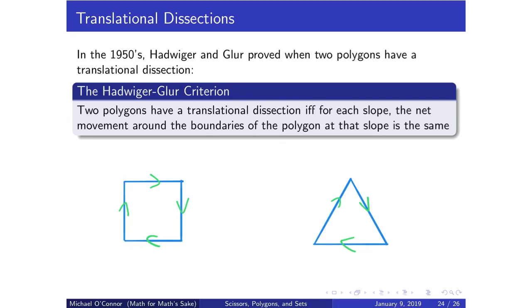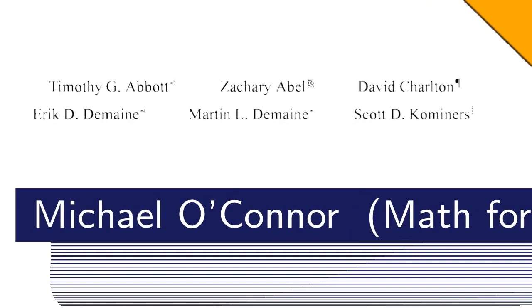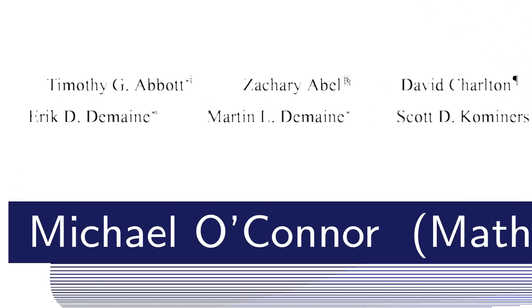And then the final strand of further exploration that I want to mention is this idea of a hinged dissection. So this was done by these people. These are the same names from before, if anyone's paying very close attention.